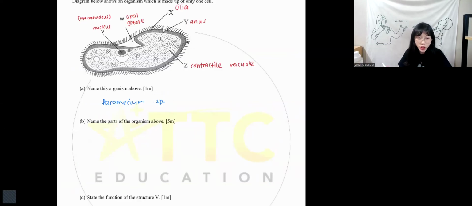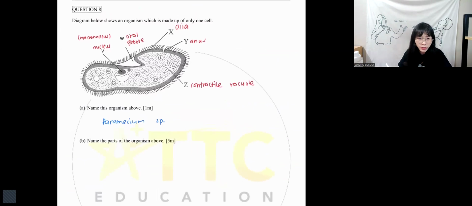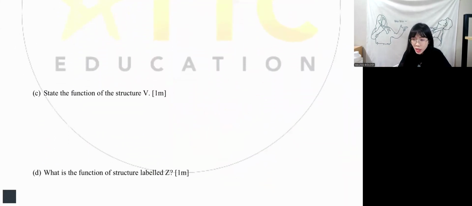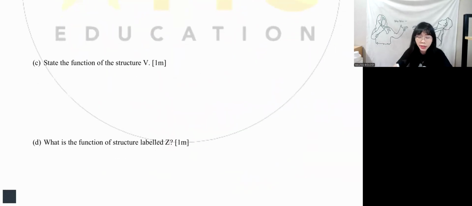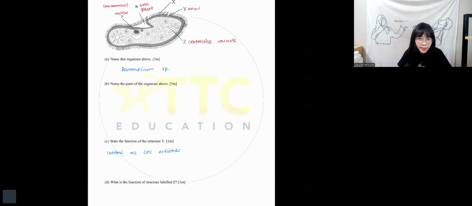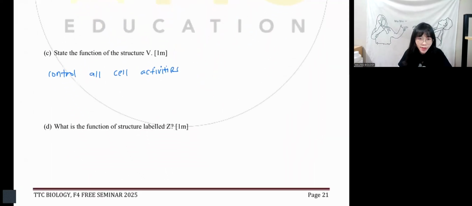State the function of structure V. What is structure V here? Structure V is the nucleus. The big nucleus, if you don't know what to write, just write the normal function of nucleus, which is to control all cell activities. Next, what is the function of the part labeled Z? Labeled Z is the contractile vacuole.